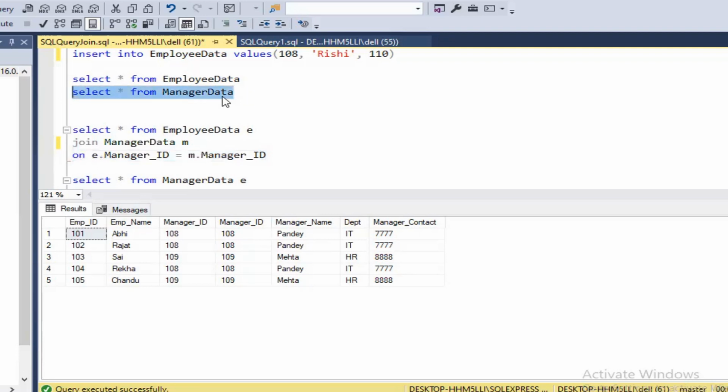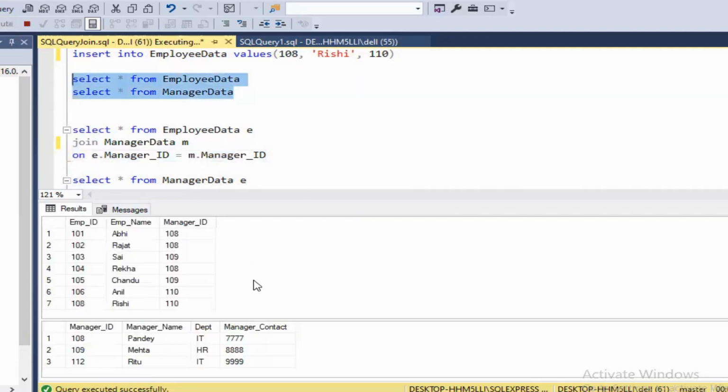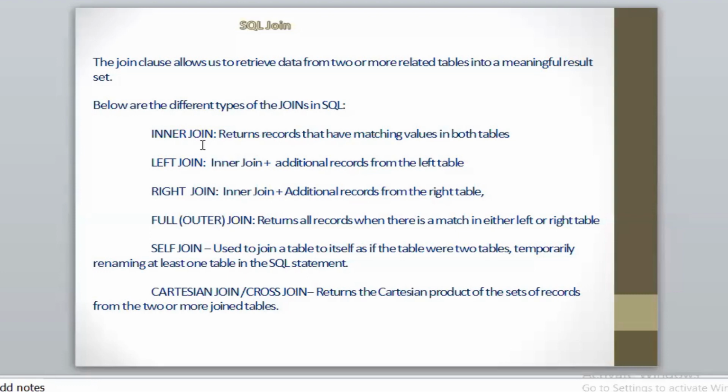So here I got 5, if you see 8, 9, 1, 2, 3, 4, 5 matching with this. It is not giving us the non-matching ones. So inner join is nothing but returns the records that have matching value in both tables.